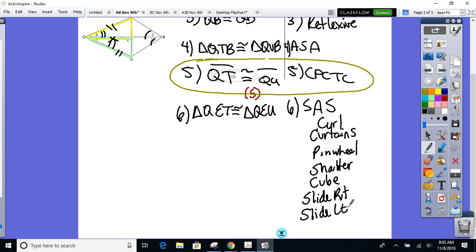Gallery. Anything else here? All right, here we go. Slide left. Slide right.